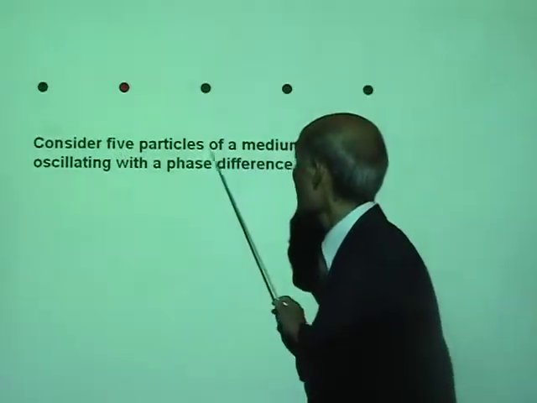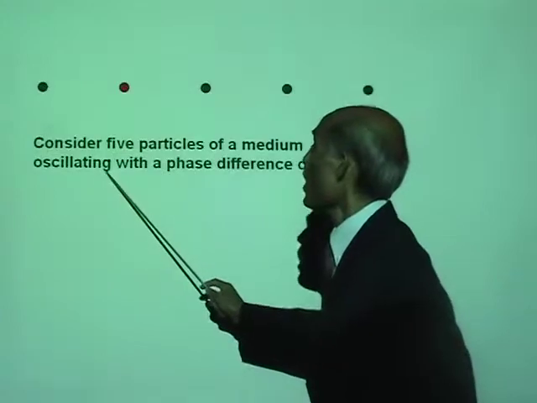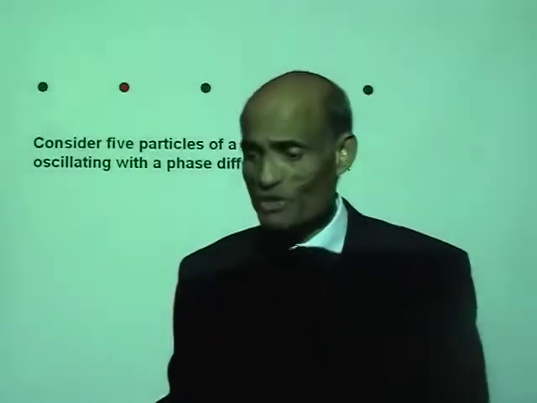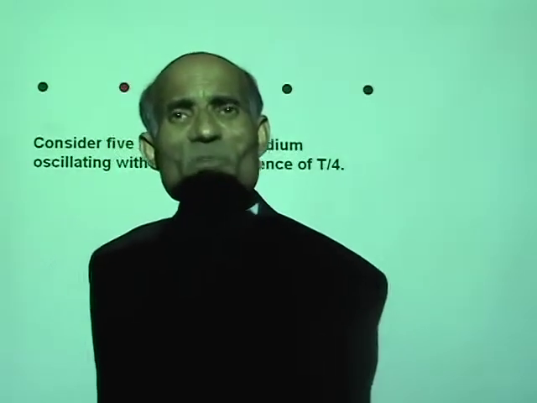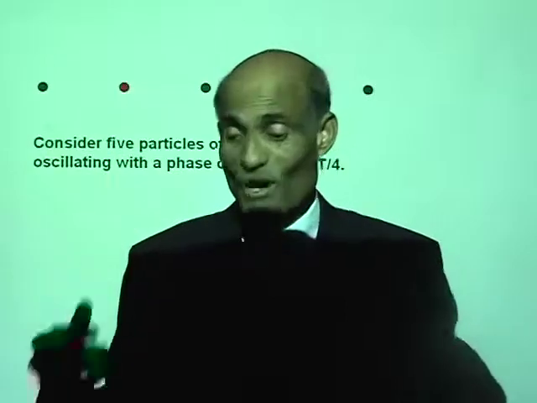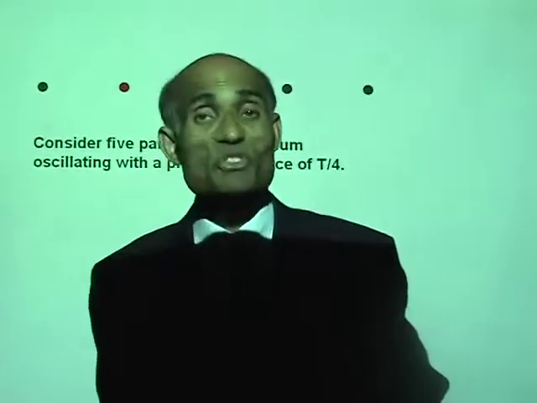Consider 5 particles of a medium oscillating with a phase difference of a quarter of a period. What is the meaning that the phase difference is a quarter of a period? Well, try and understand this.